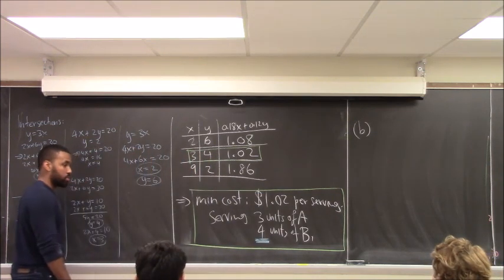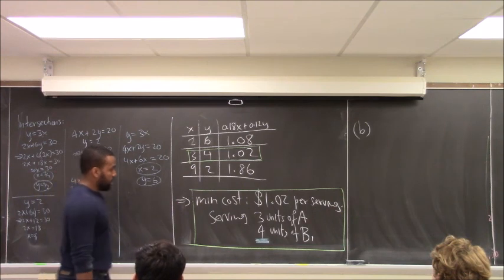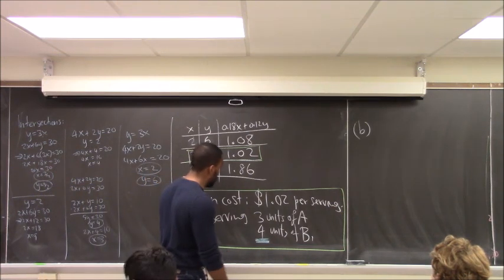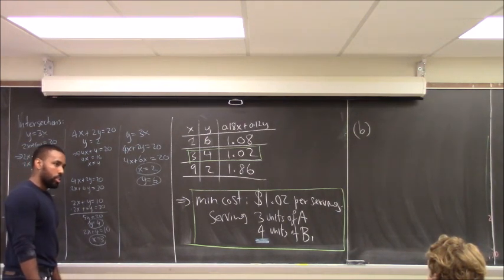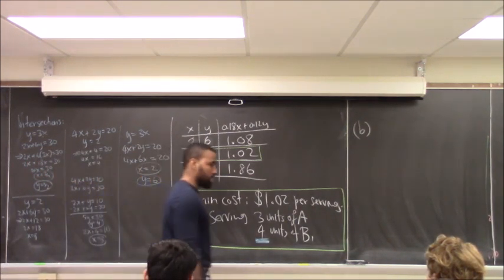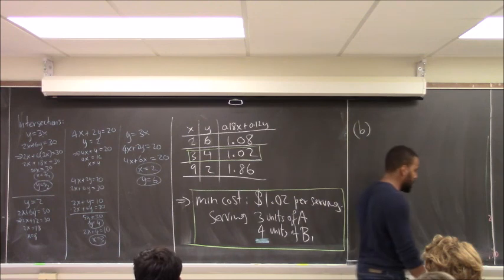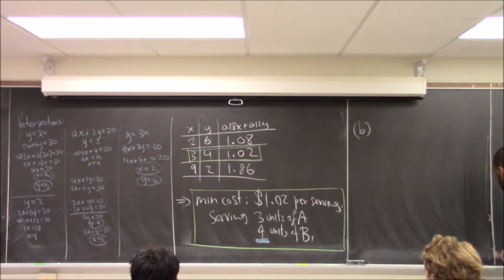That's the best thing for you. You would also notice that in the contract, you're only required to buy 2 units. So you negotiated some price based on the fact that you're going to be buying 2 units per serving. But in fact, you are buying more.